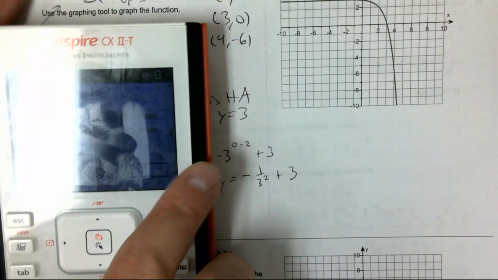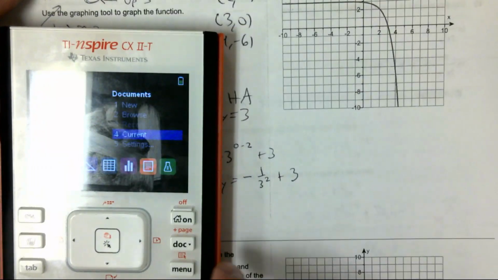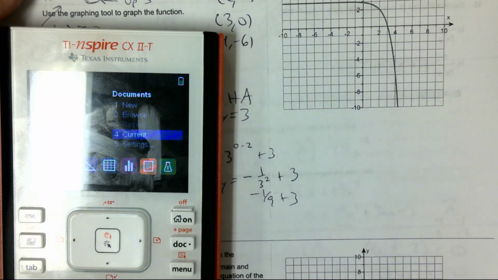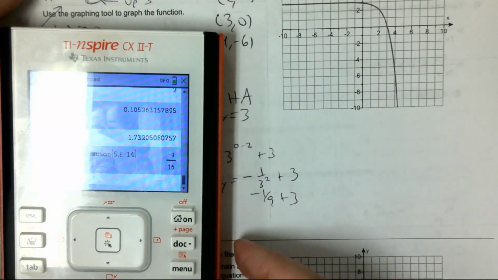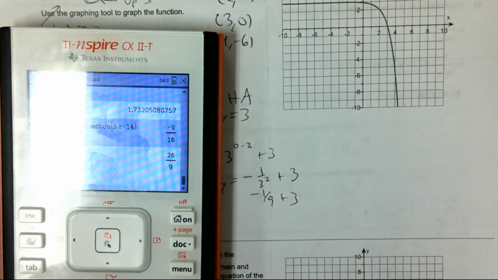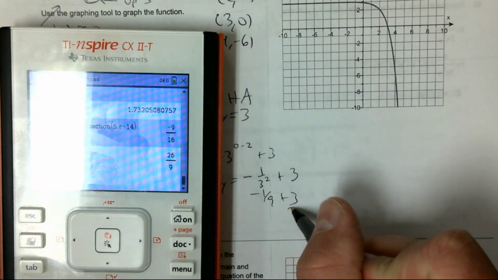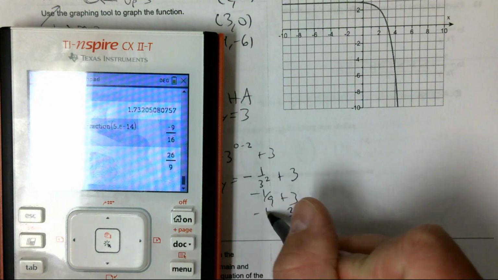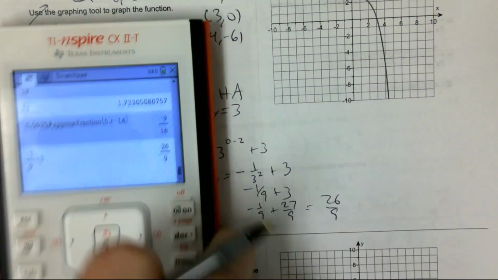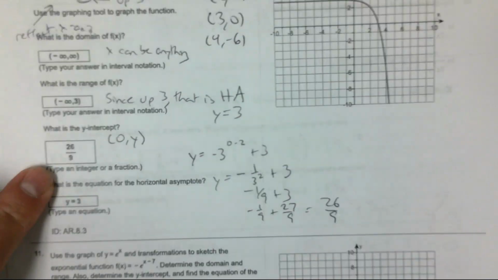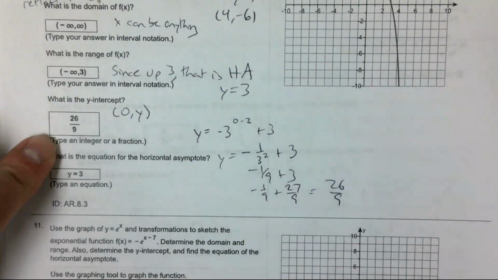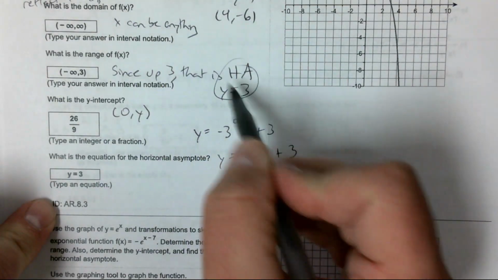I'm just getting a number. It's like -1/9 plus 3. And so that's 26/9, because think of this as 27/9. So that's how you get your 26/9. And like we said, the horizontal asymptote is y = 3.